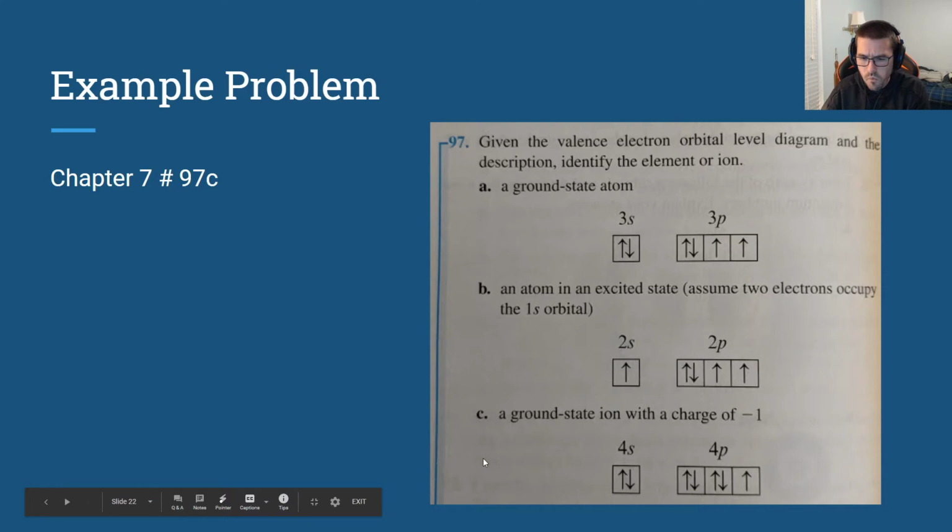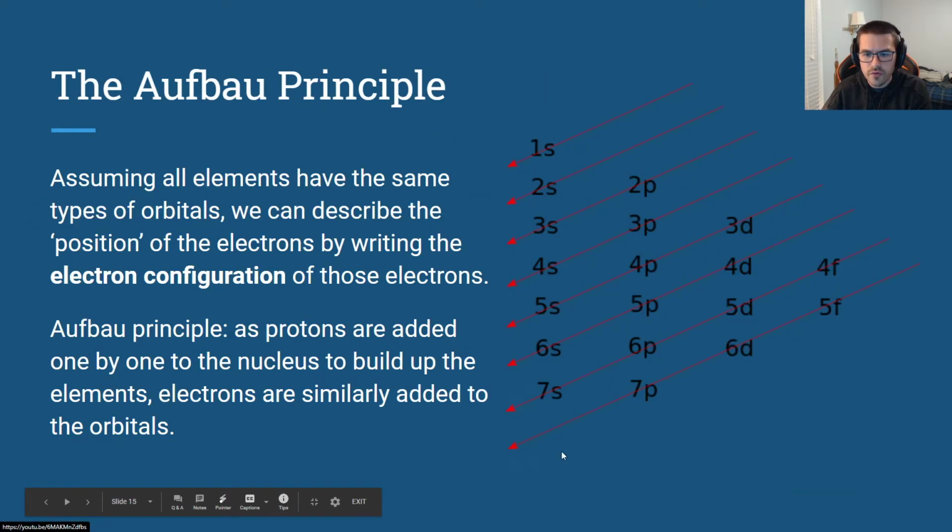So let's see if we can add up the total number of arrows that we would have on the left-hand side. 4s is where we start. So what comes immediately before 4s? This is where you can use this diagonal chart. The electrons get filled in according to this chart in the direction of the arrows.